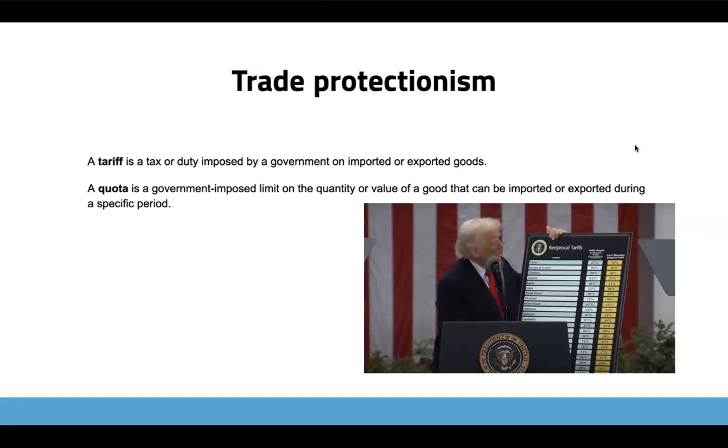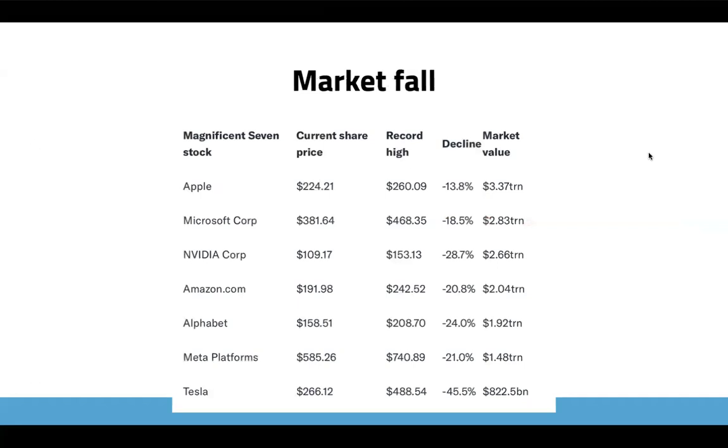Also keep in mind that for companies to produce goods, they need to import raw goods usually. For example, for Coca-Cola to produce Coke, they need to import sugar. And now that that import costs more, they're going to need to cover that price by raising the price of Coca-Cola. So yes, I put in a bit of a graph of the decline of the US market.